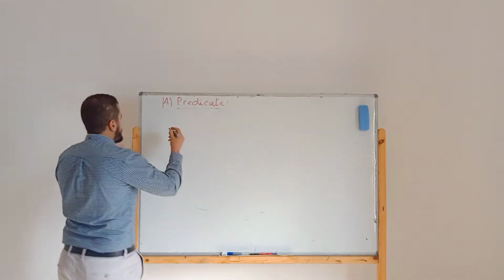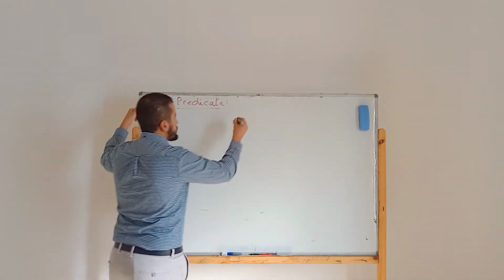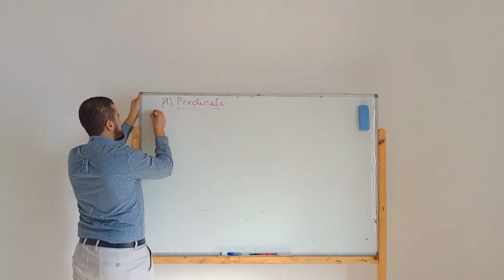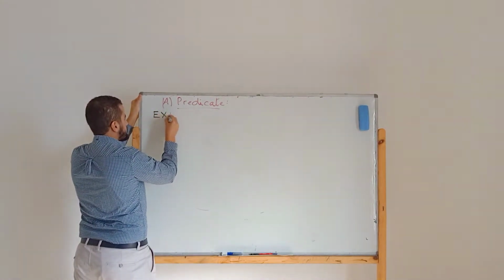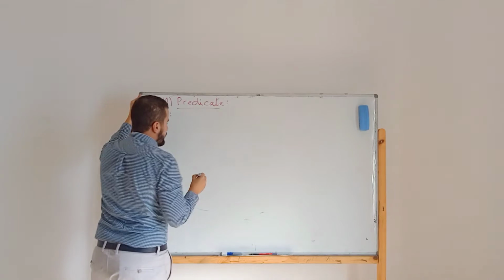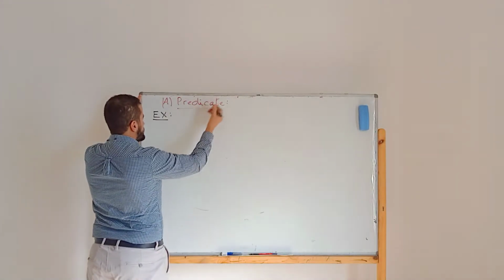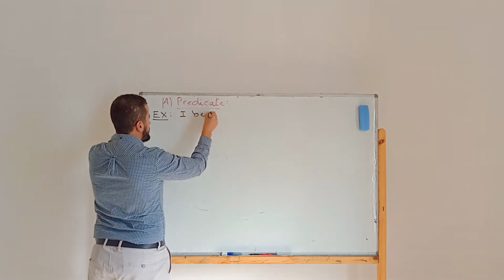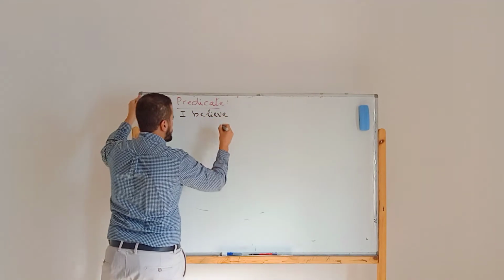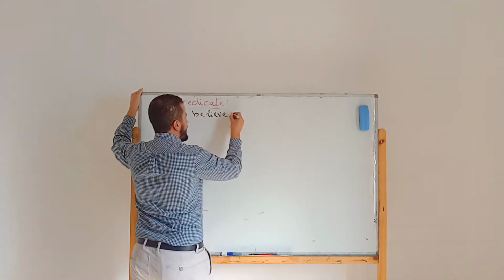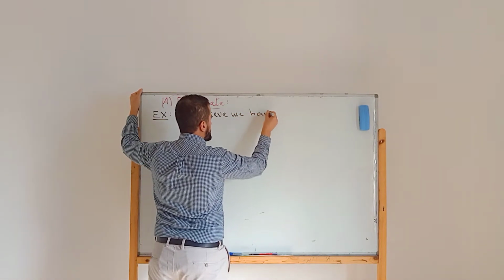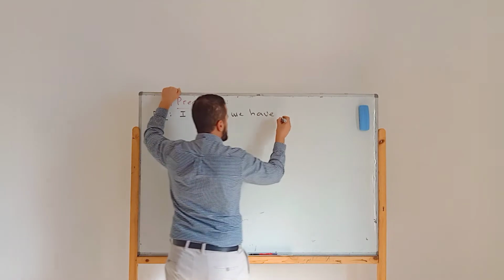So, I will give you an example in order to simplify. I will write it here. For example, I believe we have a session, or we have a class today.